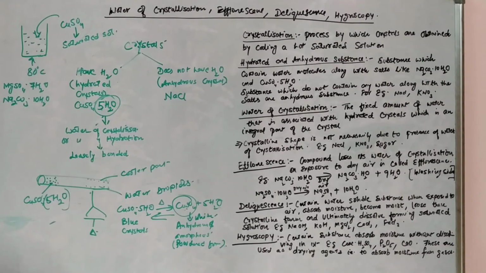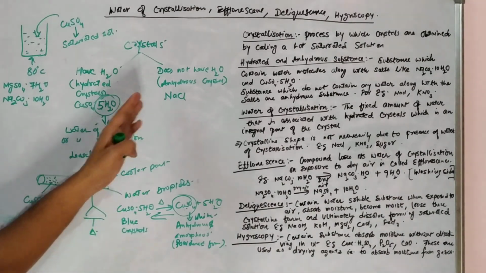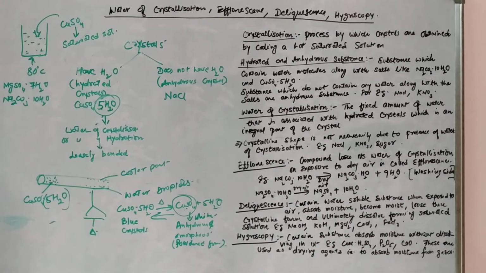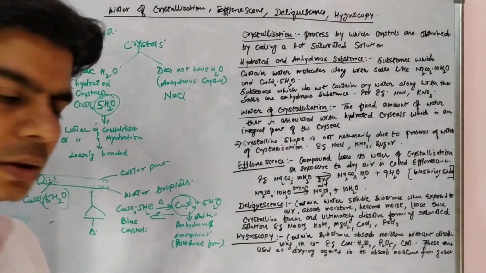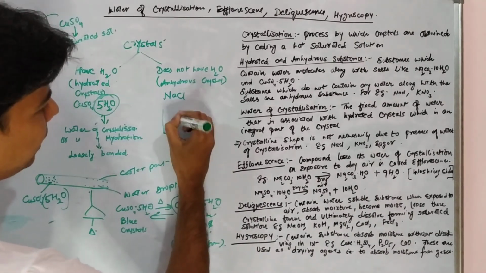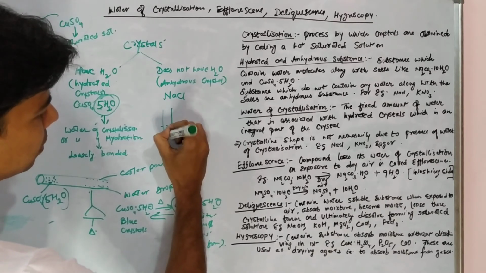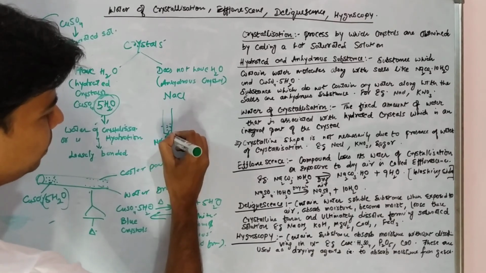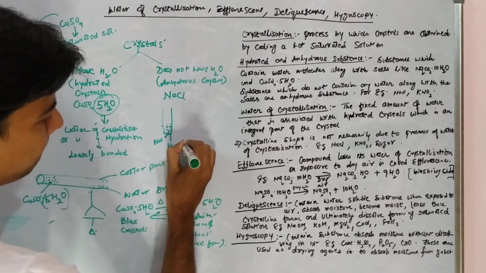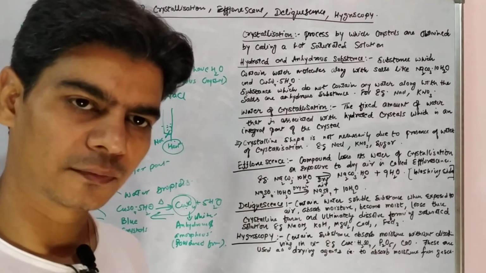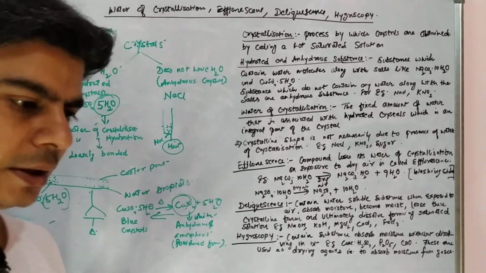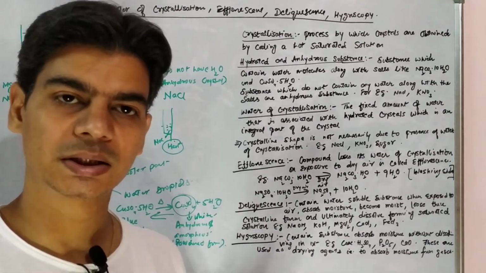Now let's understand the effect of heat on sodium chloride, which is an anhydrous crystal. We take some sodium chloride in a test tube and start heating it. After a time, you will start hearing a crackling sound as if something is cracking.